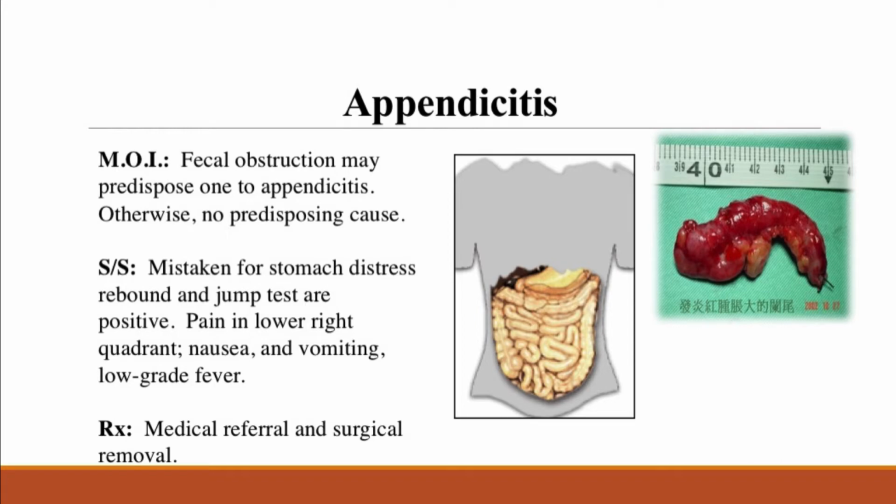Sometimes the individual, when instructed to stand up straight and jump, is unable to do so because of discomfort. It is important to refer the individual for medical attention, where blood tests and ultrasound will be used to diagnose the condition, followed by surgical removal if needed.